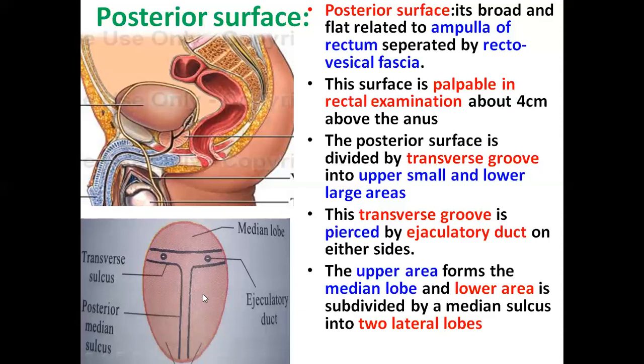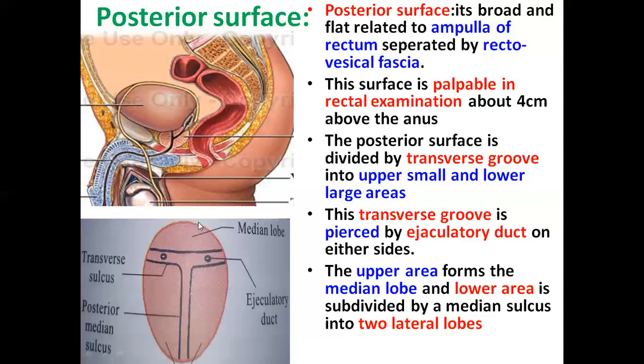Now, coming to the posterior surface, this picture has been taken from the thus anatomy. It is quite easy to understand from this picture. On the posterior aspect, we are finding one transverse groove. It is pierced on either side by the ejaculatory duct. The ejaculatory duct, if you remember from the male reproductive system class, is formed by the union of the vas deferens duct and the duct of the seminal vesicle.